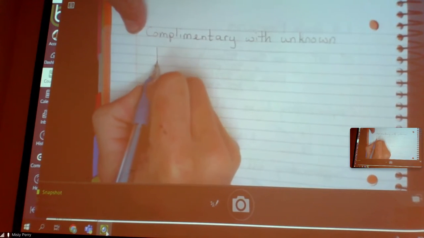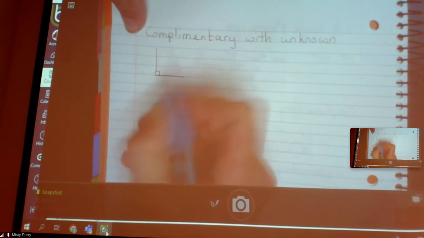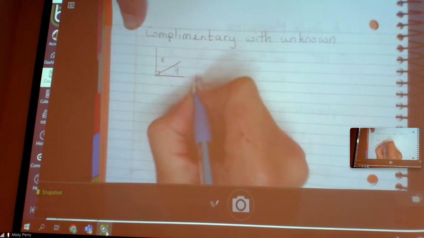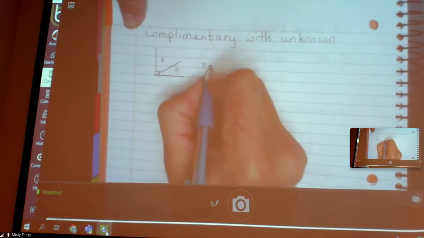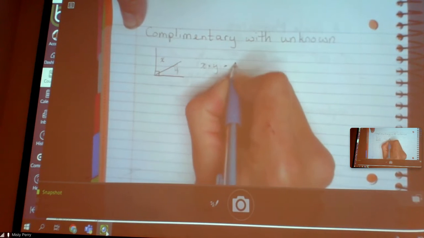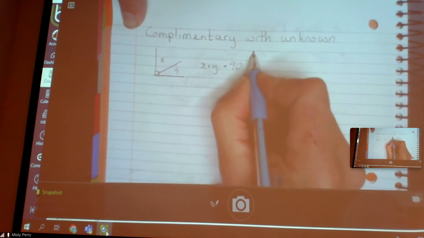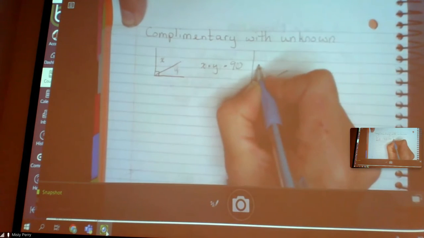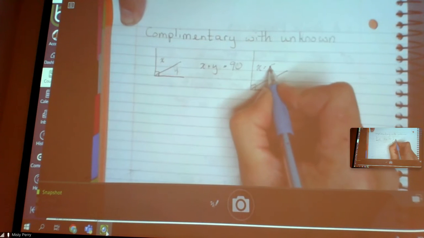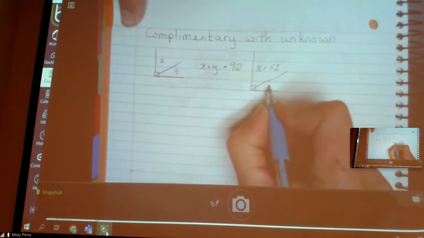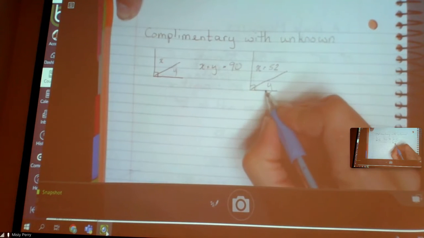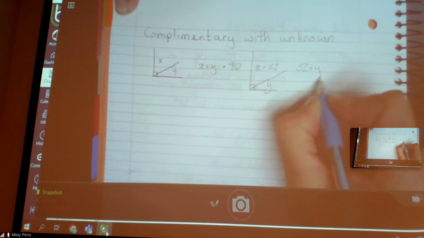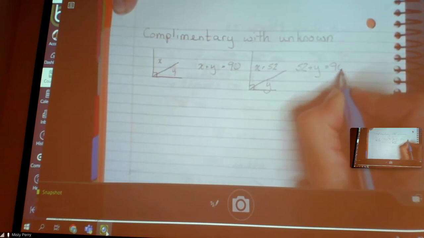So I know that complementary is going to equal 90, and my x plus y equals 90. So if my x equals 52, to find the y, I am going to go 52 plus whatever the y is going to equal 90.